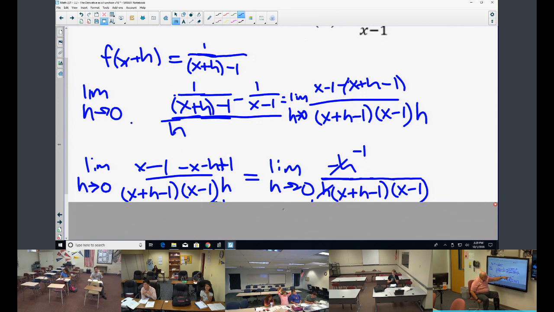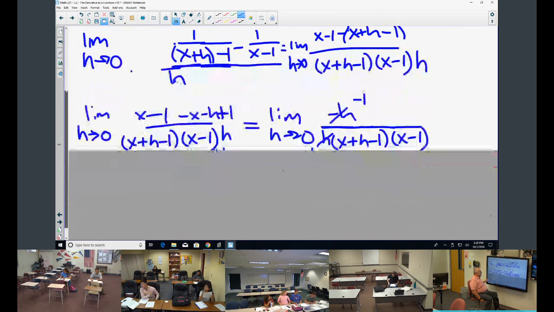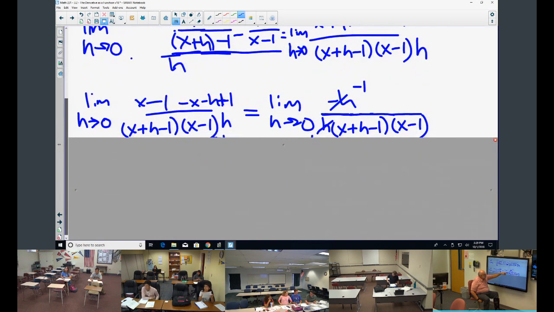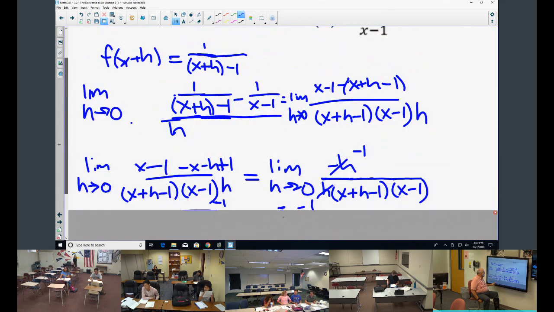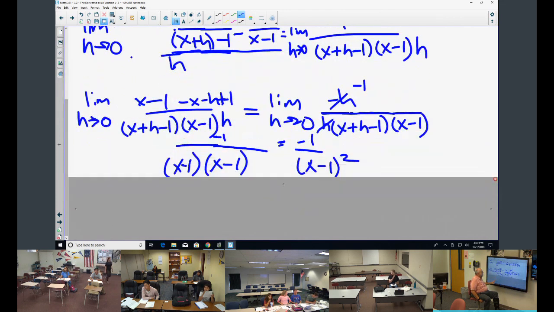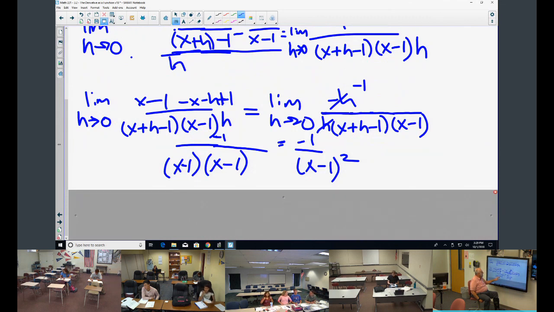Now this h here will cancel with this h here, leaving you with negative 1 on the top. With the h's canceled, now you can plug in 0 for h. You won't get 0 over 0 anymore, and so you'll get negative 1 over x minus 1 times x minus 1, or x minus 1 squared. So that's the answer.